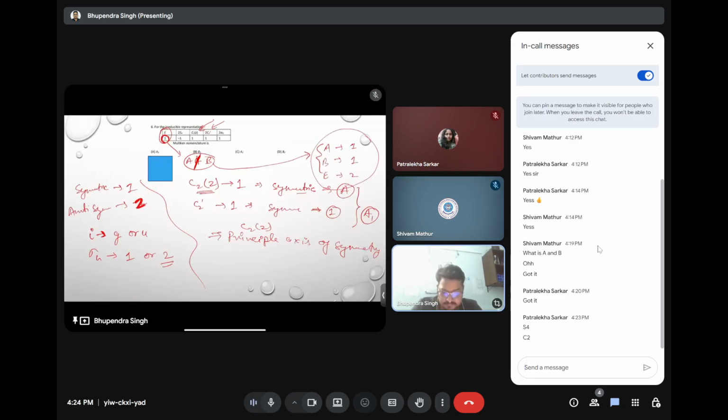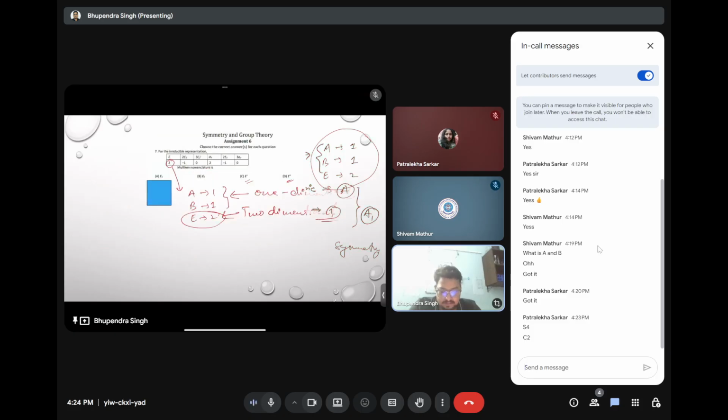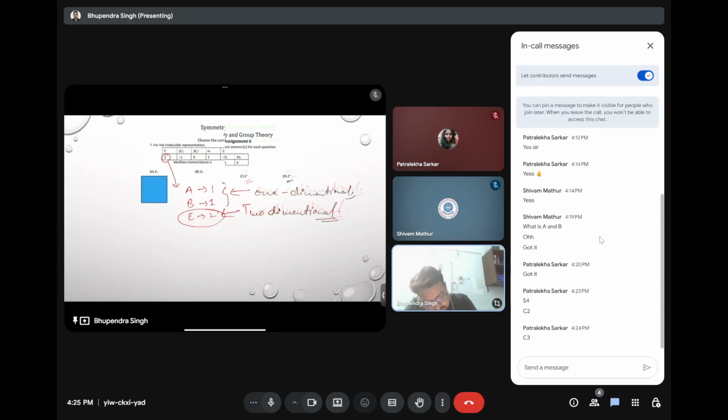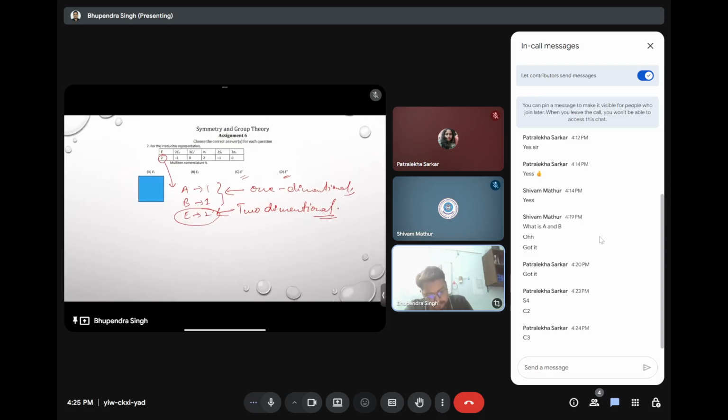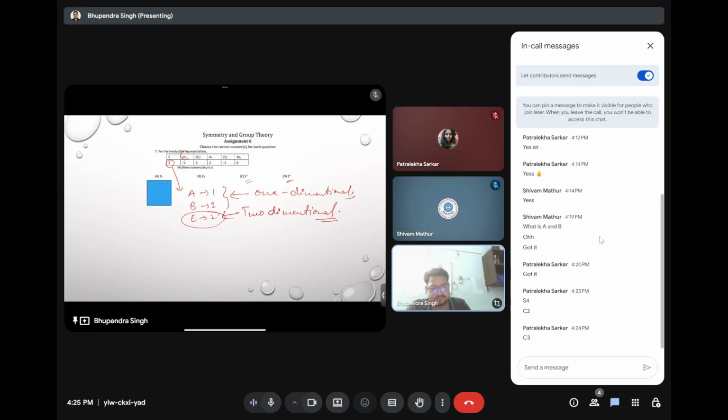So for question number 6, the principal axis of symmetry is C2Z, and here for question number 7, what will be the principal axis of symmetry? C3, yes, it is C3. This is the principal axis of symmetry.